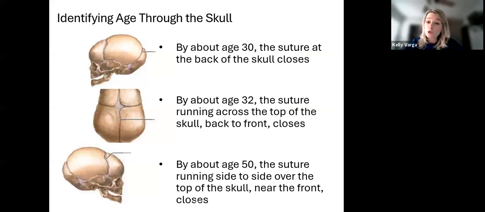By about age 32 to 35, the suture running across the top portion of the back of the skull begins to close. And really, it's not until about 50 that the suture that runs from side to side over the top portion of the skull will begin to close. So your skull is not completely fused until almost halfway of your life is over. You know, God willing, we all live to at least 100.